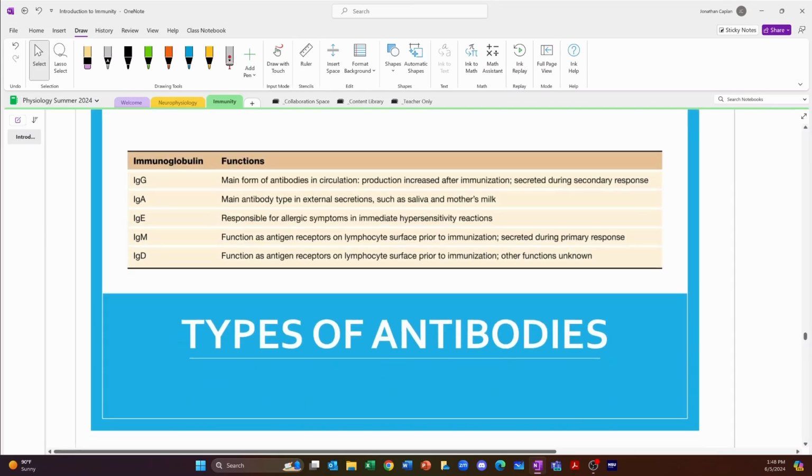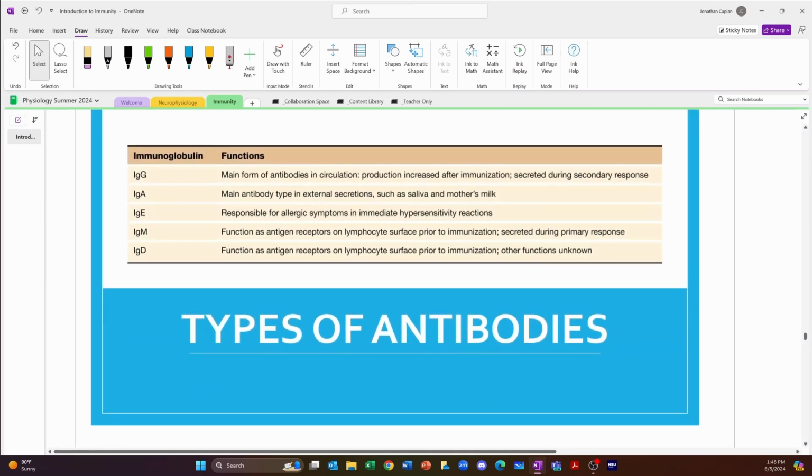So these are the types of immunoglobulins. These are the antibodies. There's only 5 of them. Okay, IgG: increased after immunization and secreted during a secondary response.